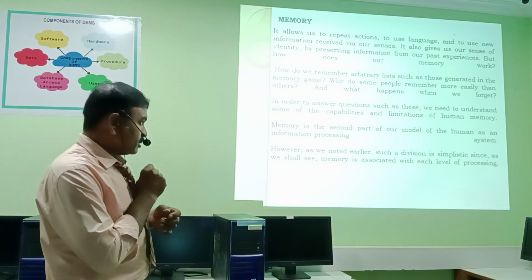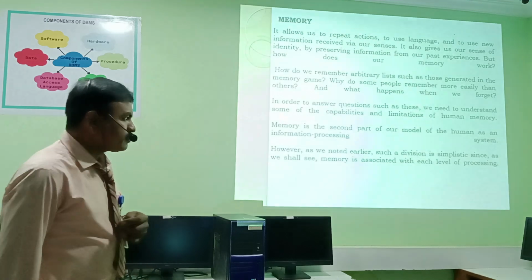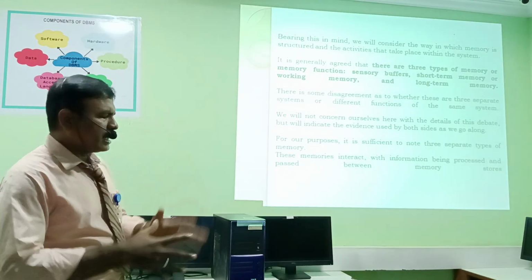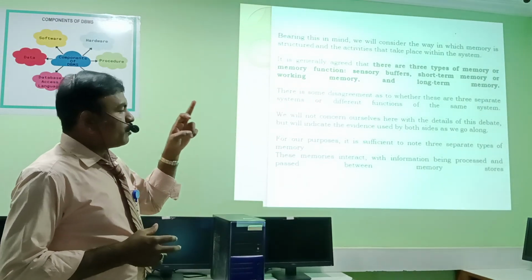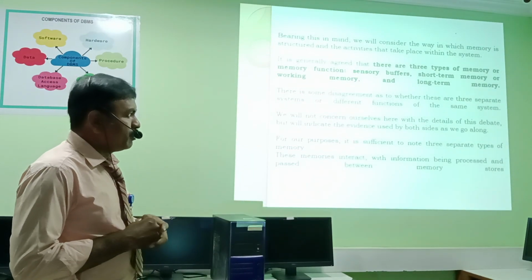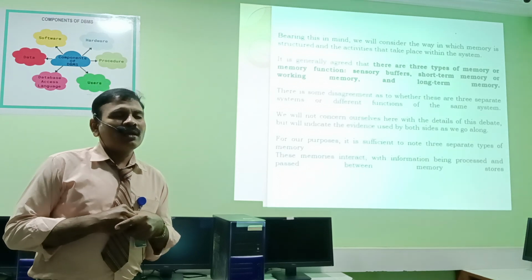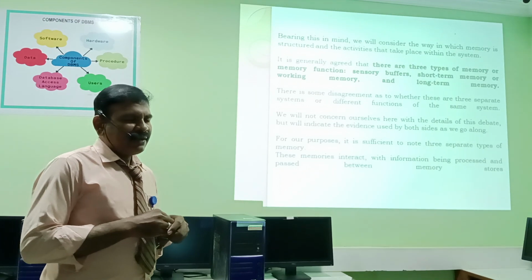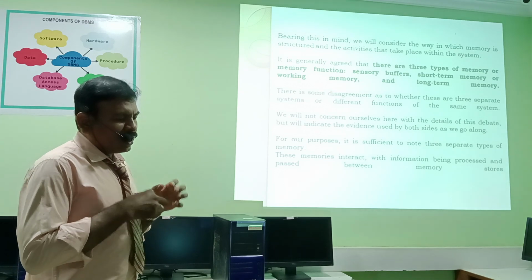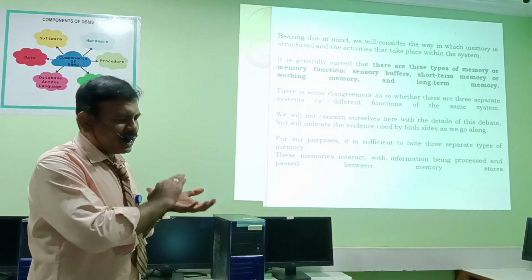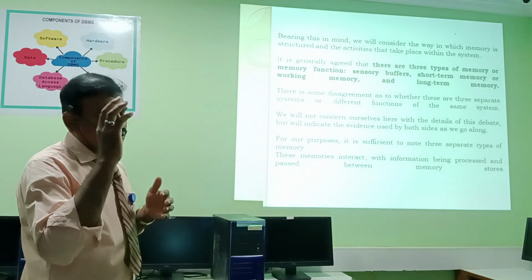These things happen in our human body. So we are going to visualize the data, and the data will be stored in our memory. See here, there are three types of memory we use in our human body. The data will be transformed, and then this data will be translated to our system.